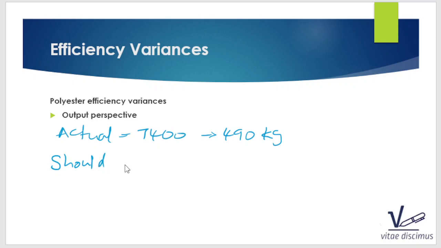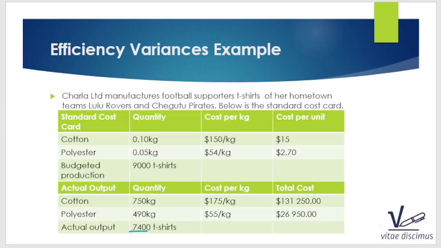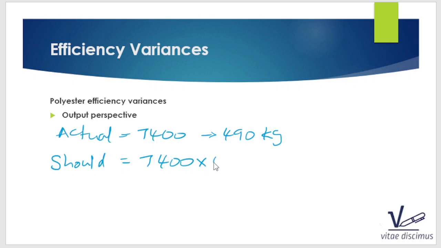So we are saying that these 7,400 t-shirts were supposed to be made using how many kilograms? By the standard cost card, each t-shirt was supposed to use 0.05 kilos of polyester. So if we multiply 7,400 times 0.05, we get an amount of 370 kilograms.